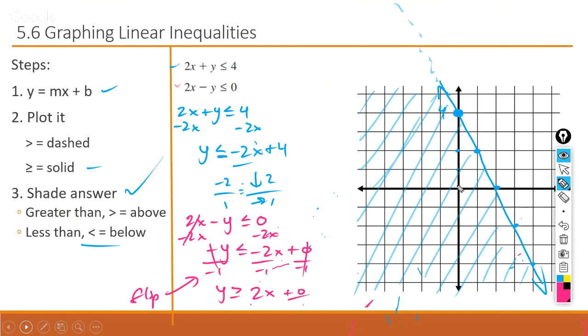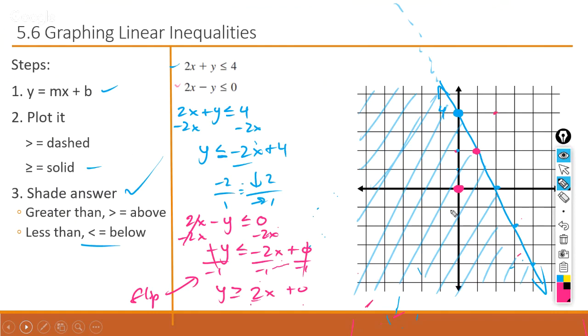So now we start at 0. And if it wasn't there, you would still know you start at 0 because b is 0. And then you go up 2, right 1, up 2, right 1. And if we were graphing a system of equations, this would be like the answer because that's where they cross. This one's slightly different.